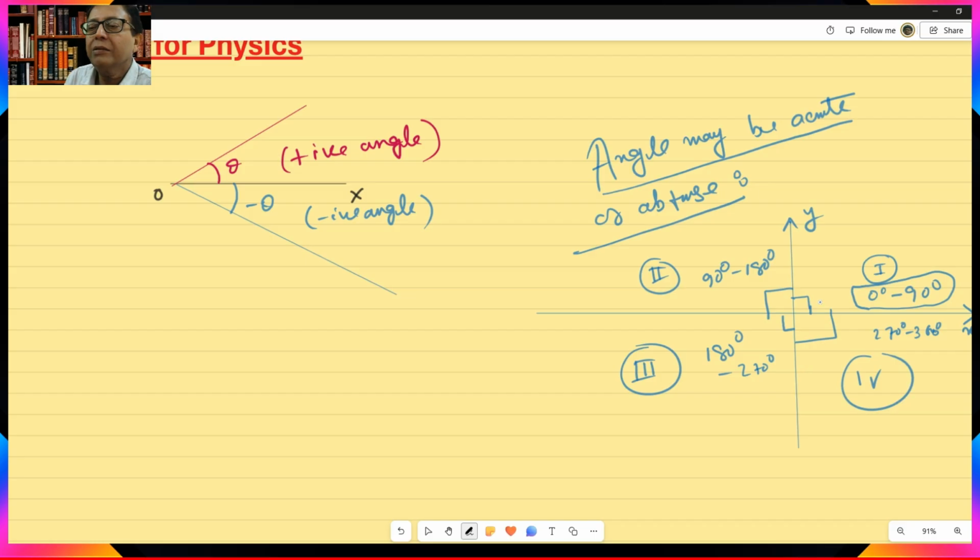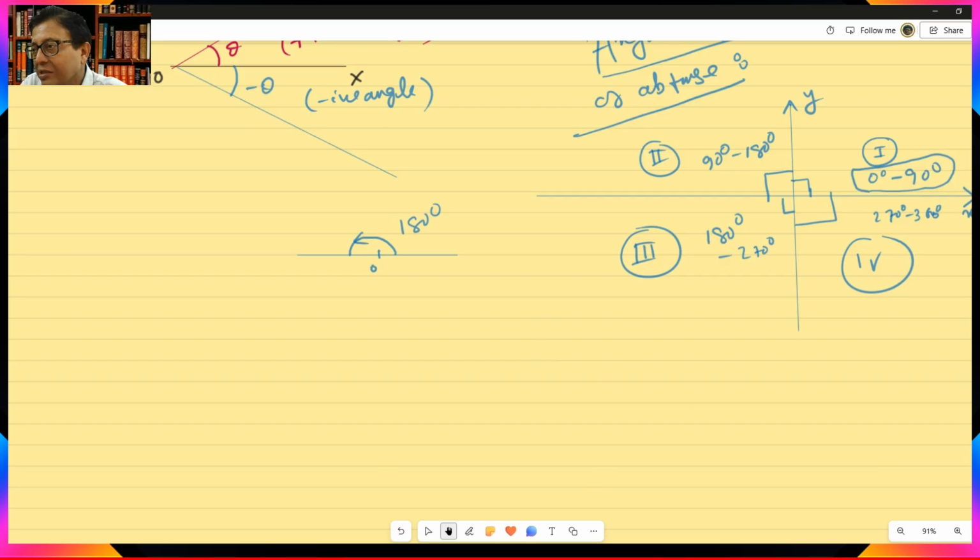Even if you consider 360 degree is covered, it is possible to rotate more than 360 degree also. Okay? Probably you have the 180 degree angle concept. How is a 180 degree angle formed here? From this initial line, if the line rotates in this manner, the angle formed here is 180 degree. Isn't it? Anticlockwise rotation by 180 degree will form a 180 degree angle.